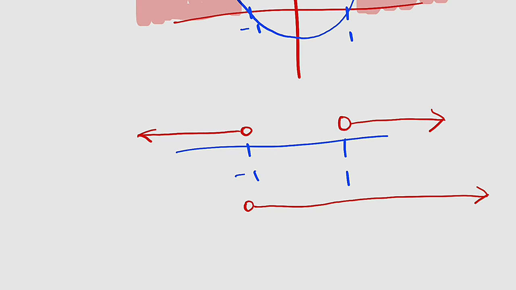So where do we have intersection? You can see we have our first intersection here. All right, sorry, this should be closed circles, right? Closed circles. So we have our first intersection here, and the other intersection is from 1 to positive infinity.